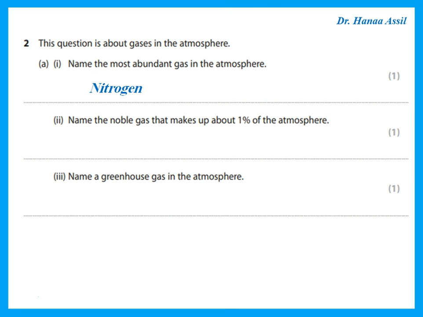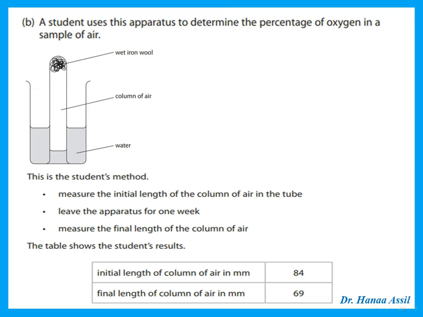Remember that the gas that is about 1% is argon. Name a greenhouse gas in the atmosphere. Which gas in the atmosphere causes greenhouse effect? Carbon dioxide gas.